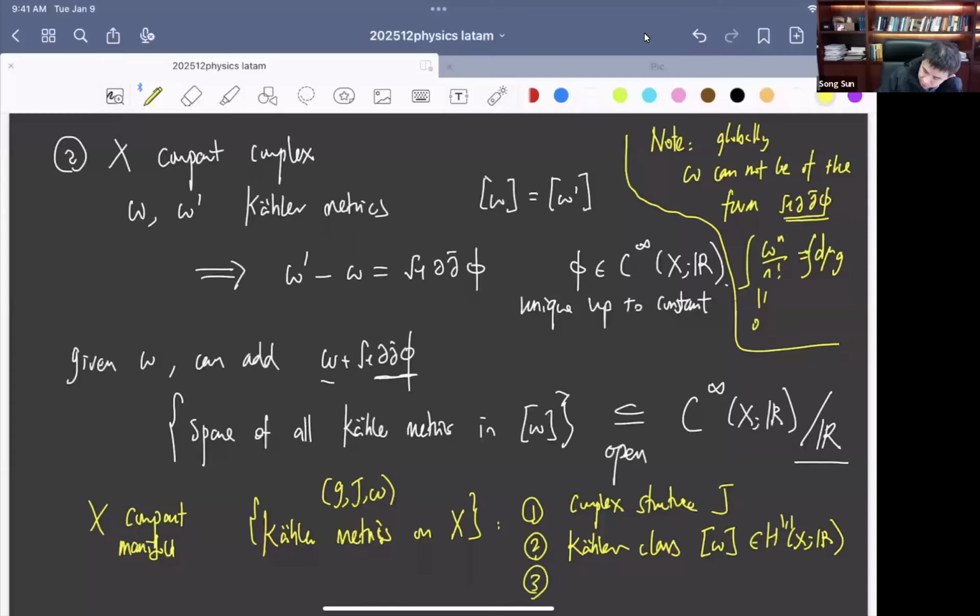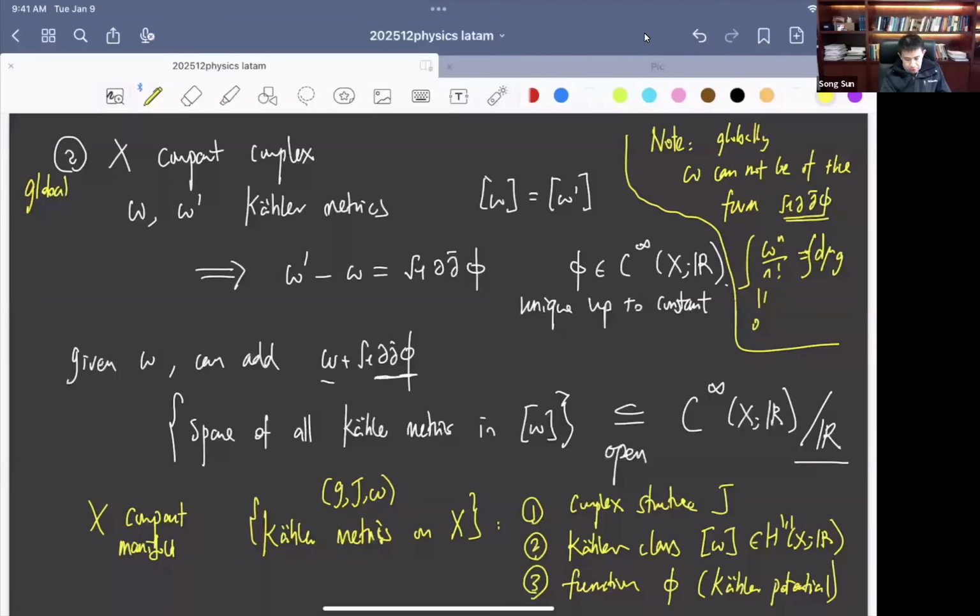And then there's an extra function phi. So in either the local or global setting, this phi is called the Kähler potential. It's a potential function that generates the metric.